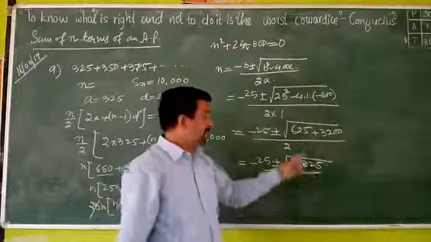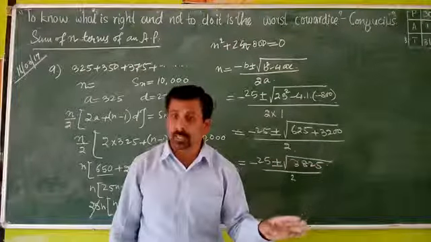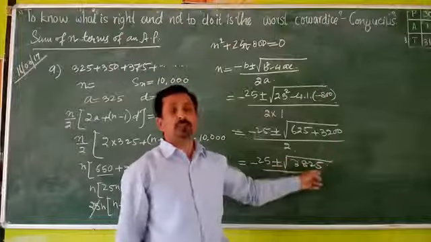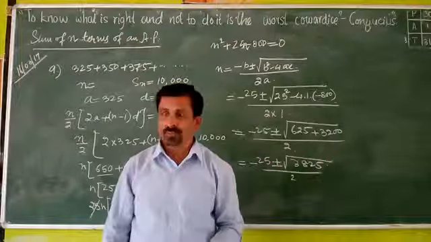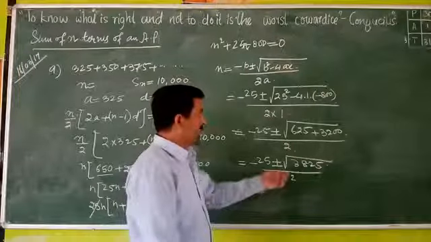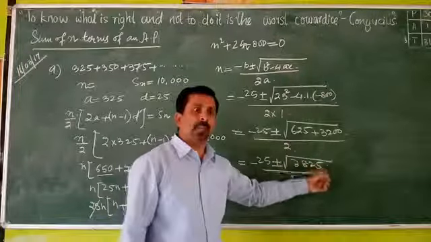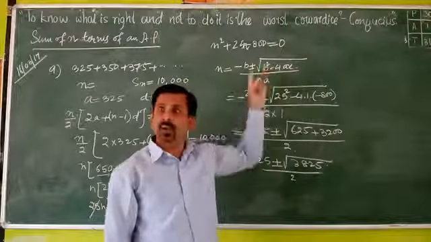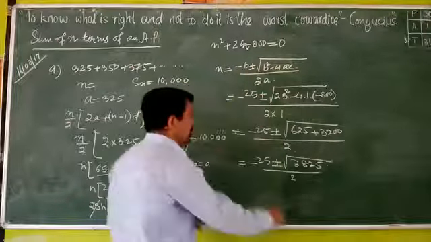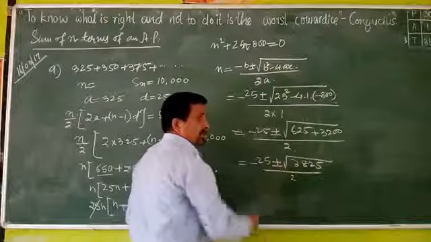But unfortunately, this number is not a perfect square number, and the root of this will come in the form of a decimal number. That is why it is a little complicated, and that is why we were not able to do it by expanding the middle term. Understood now? So we will find the answer of this in the decimal.